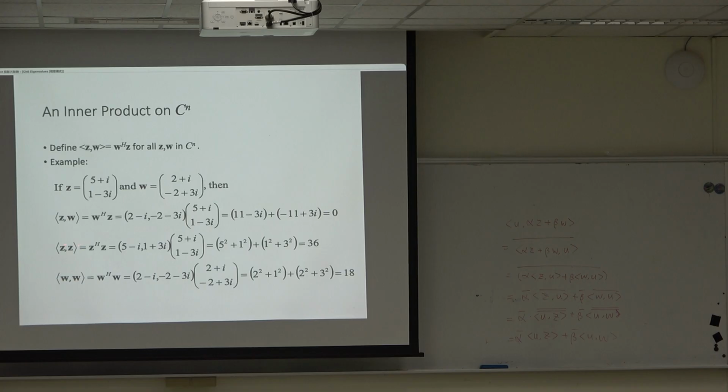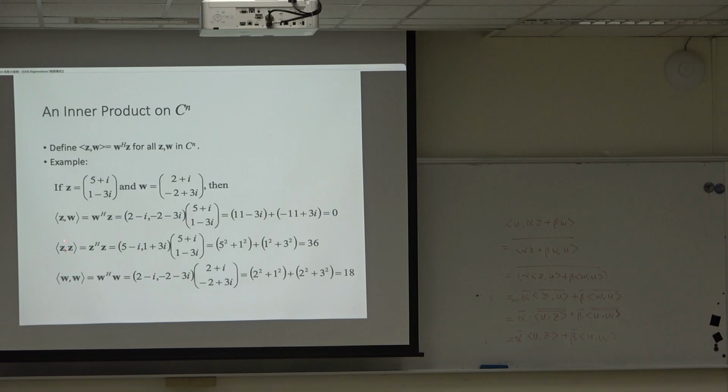And ⟨Z, Z⟩ is Z^H Z. It's going to be this one times this one, plus this one, which is 36.